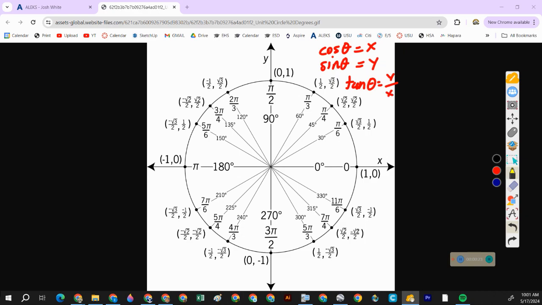There are two other trig ratios that are the reciprocals of these three. So we have the secant of theta is going to be 1 over x, and the cosecant of theta is going to be 1 over y, and the cotangent of theta is going to be x over y.